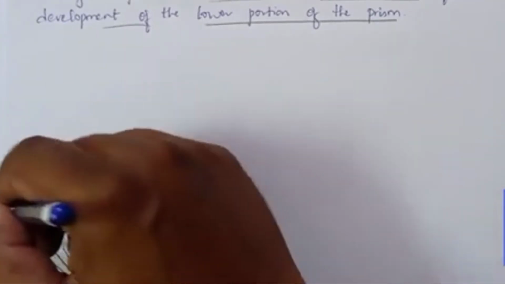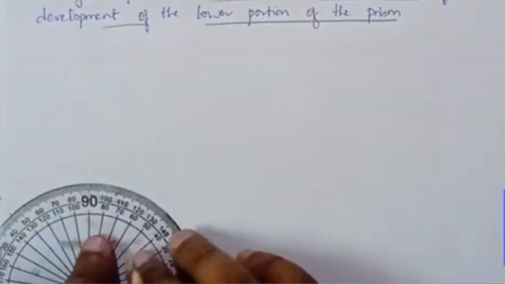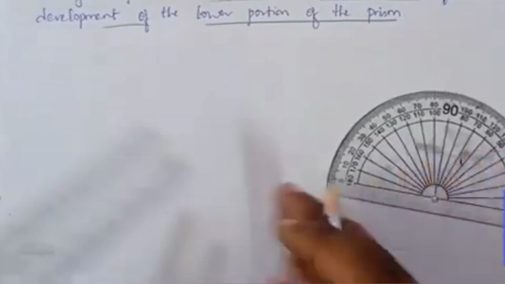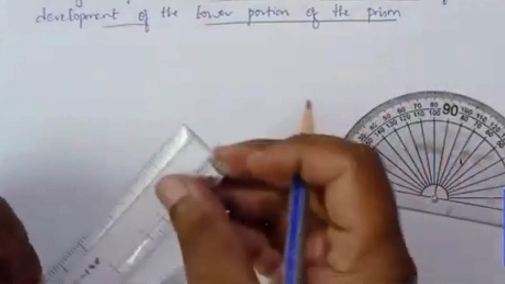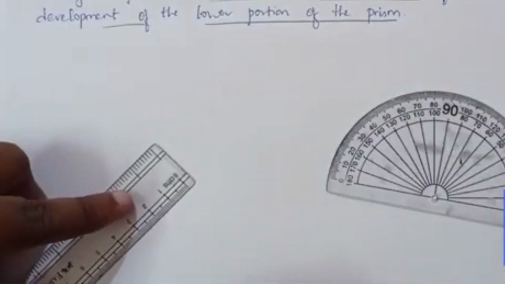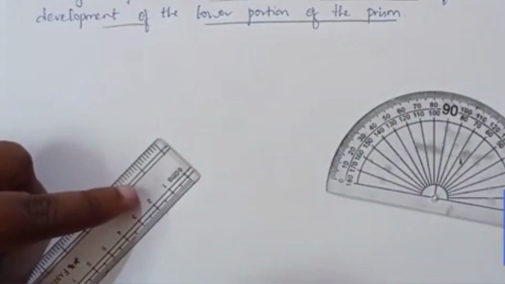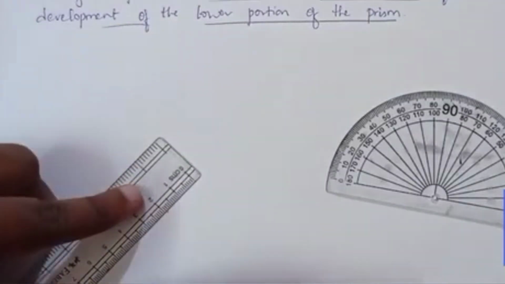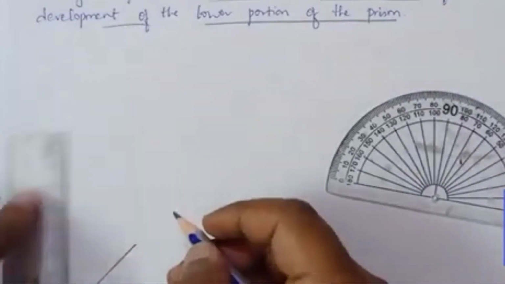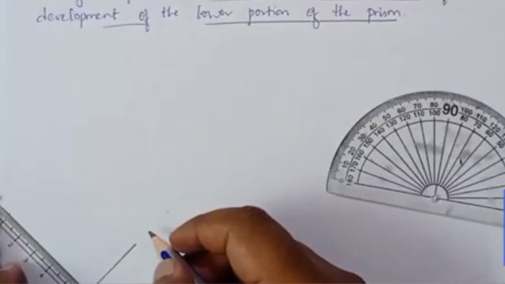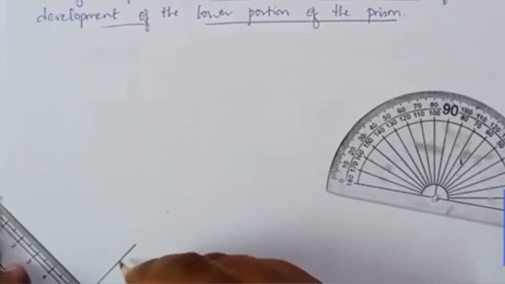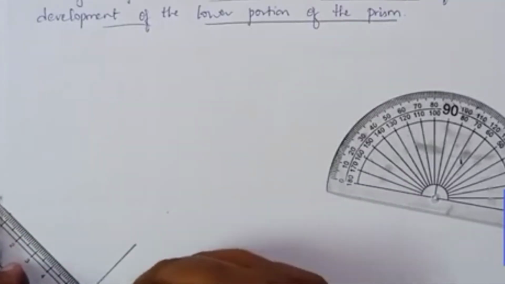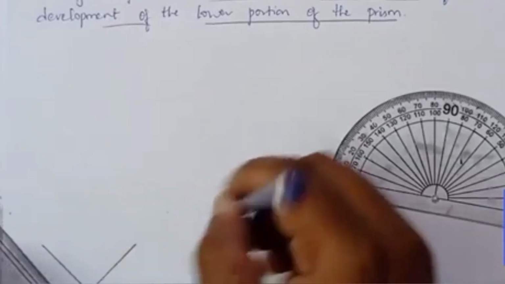We need to draw the development of the lower portion of the prism. First I have taken a reference point, then I put the protractor and marked 45 degrees. Now I am drawing a line of length 30 mm passing through that point. From this end you can also draw.